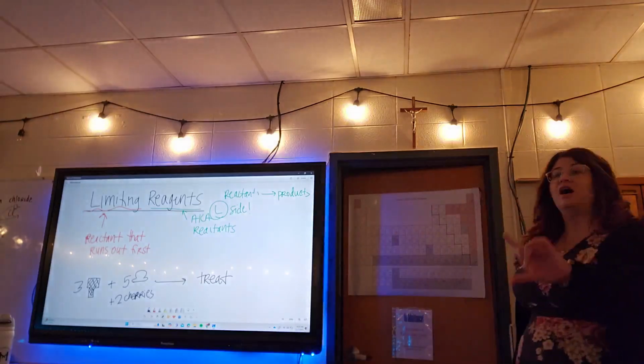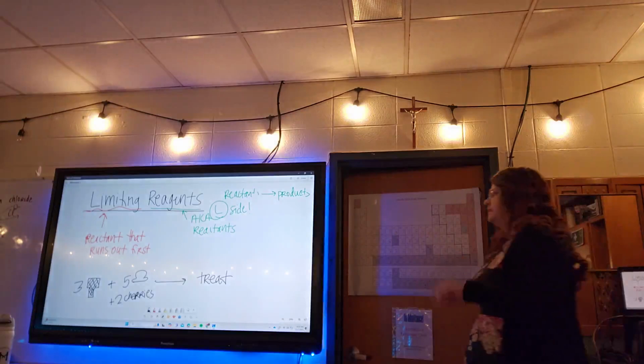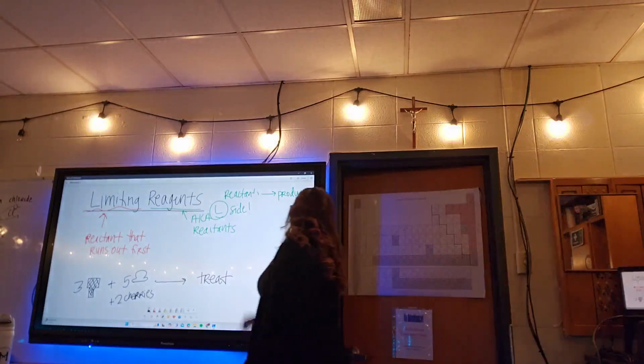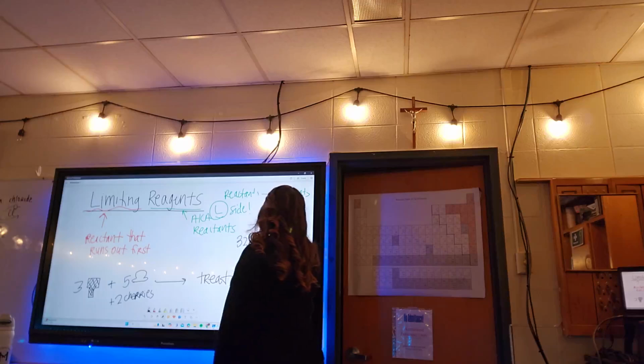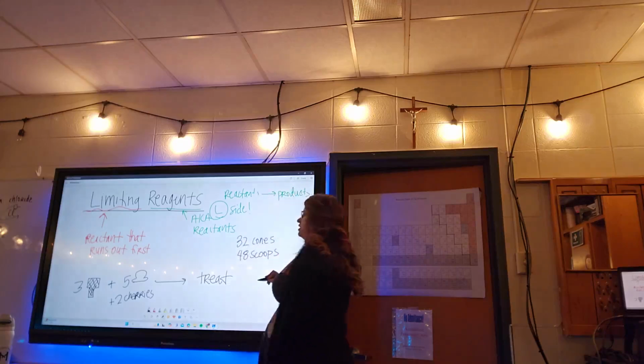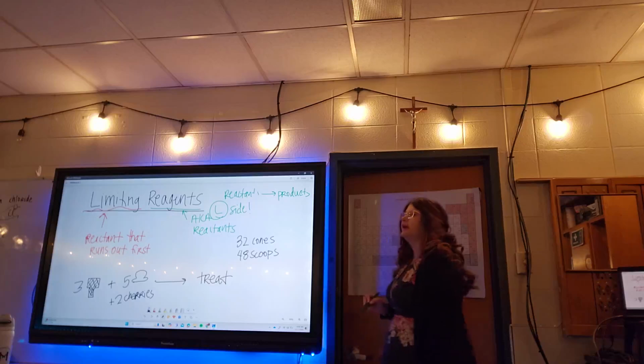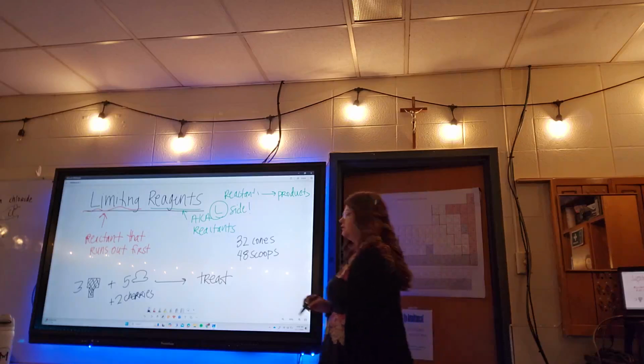Okay, so this is why the limiting reagent is important. Let us say that we have 32 cones and we have 48 scoops. What's the greatest number of ice cream treats you can make with these starting ingredients?